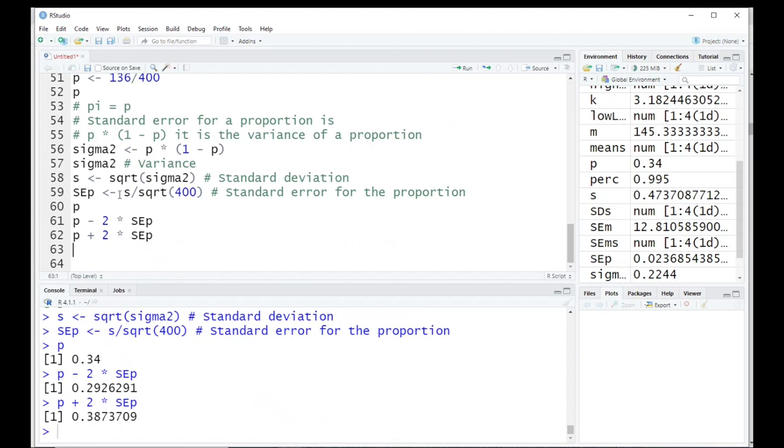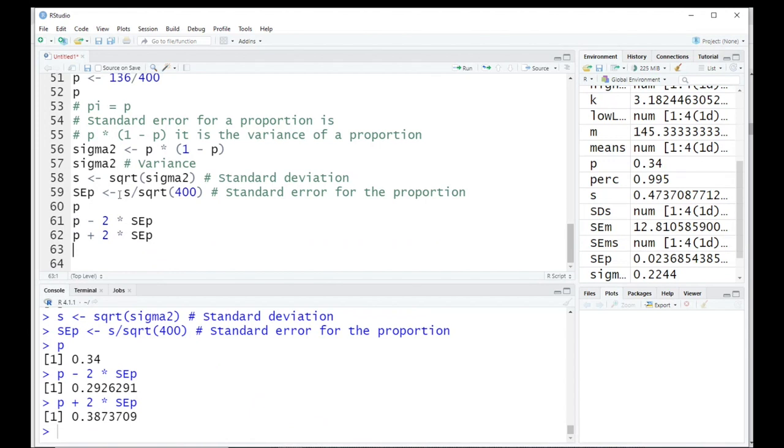So we conclude that in our sample we have 34% surviving insects, but in the population the percentage of surviving insects should very likely be not exactly 34%, but it should be between 29 and 39% with very high probability. Okay?